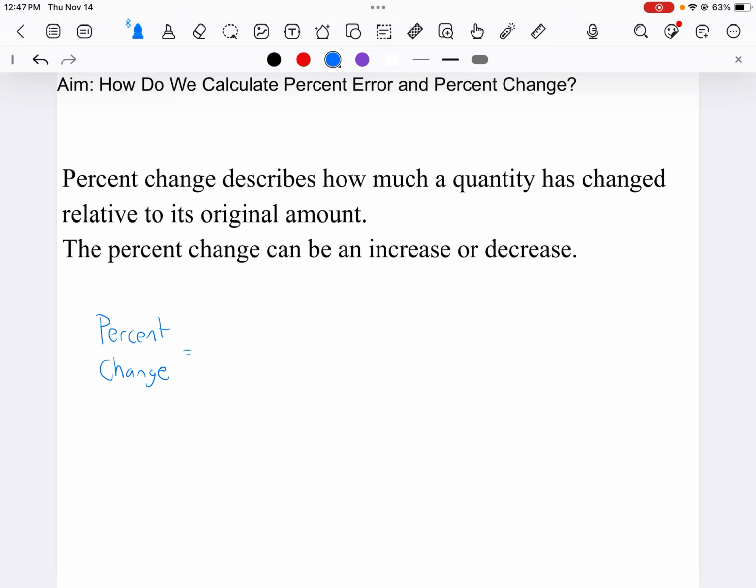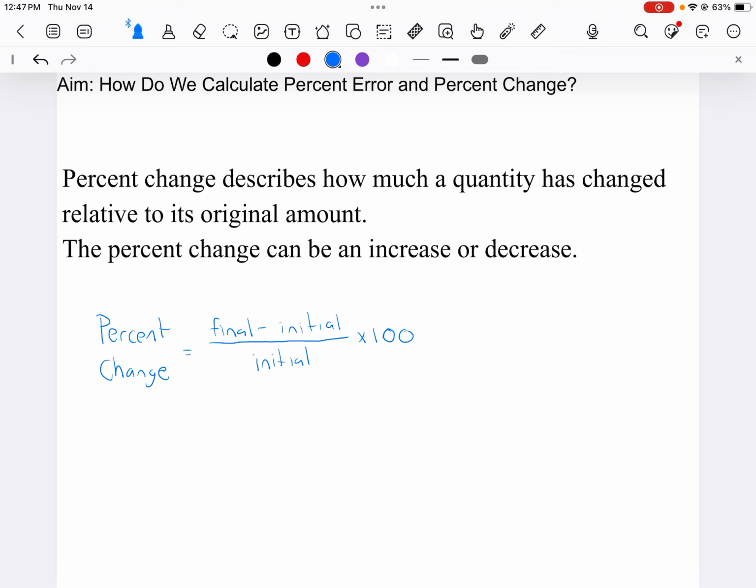So percent change is equal to the final amount minus the initial amount, divided by the initial amount. And since it's a percent, we're going to multiply that quotient by 100.